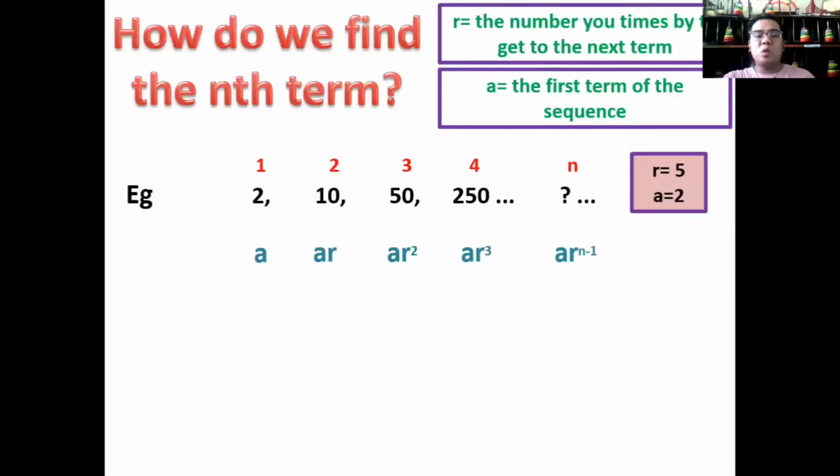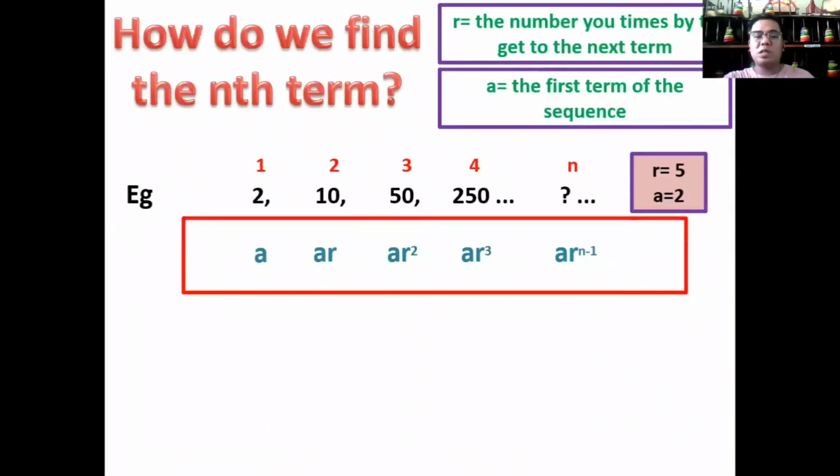As you have noticed, to get the third term, you have the exponent of 2, which is n minus 1. And to get the fourth term, you have r to the power of 3, which is n minus 1. So therefore, to get the nth term, you have a sub 1 times r to the power of n minus 1.